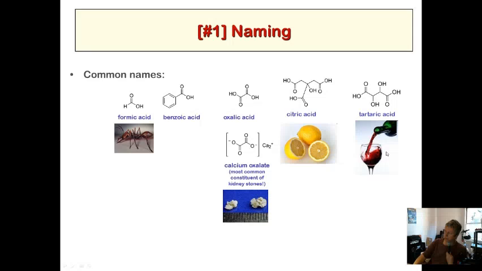Tartaric acid does have stereochemistry, and there's actually 3 stereoisomers. I think it's RSSR, and then there's a meso form. You can see the different stereoisomeric forms.